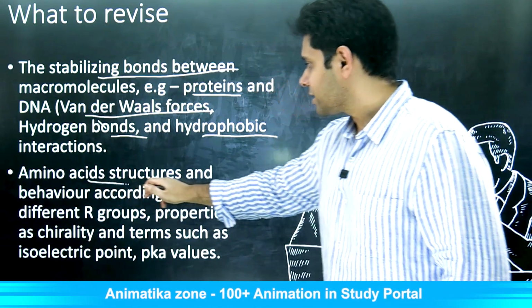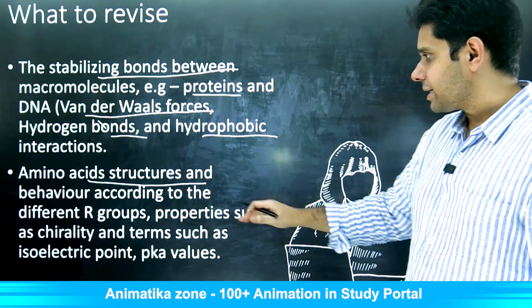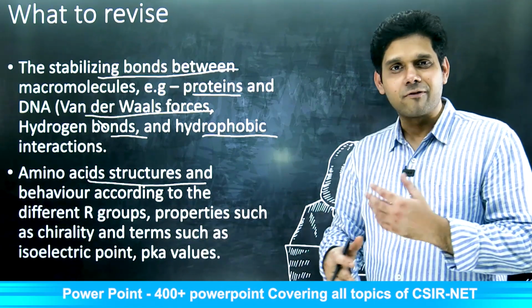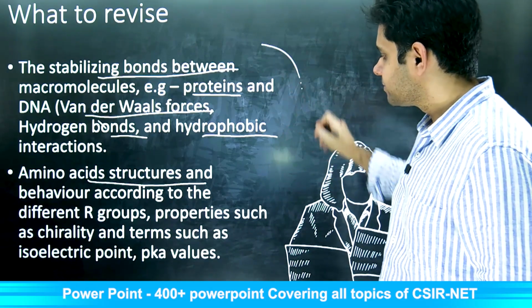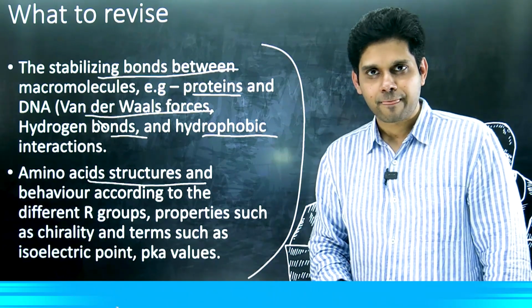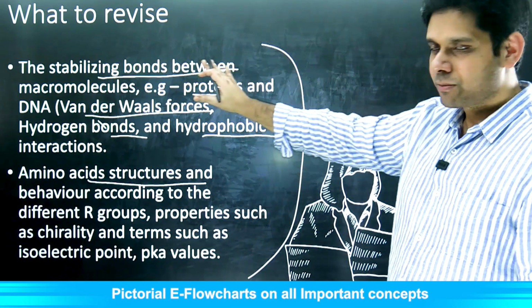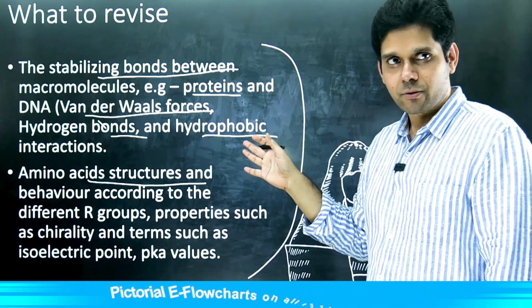Moving ahead, amino acid structures and behavior according to different R groups, properties such as chirality, terms such as isoelectric point, pK values, and various equations related to this. So you must not skip this part. Fine, there are more, but as of now, yes. So stabilizing bonds between the macromolecules, which are van der Waals, hydrogen bonds, hydrophobic interactions.